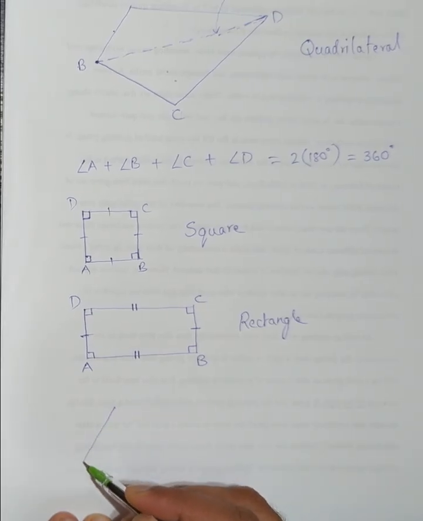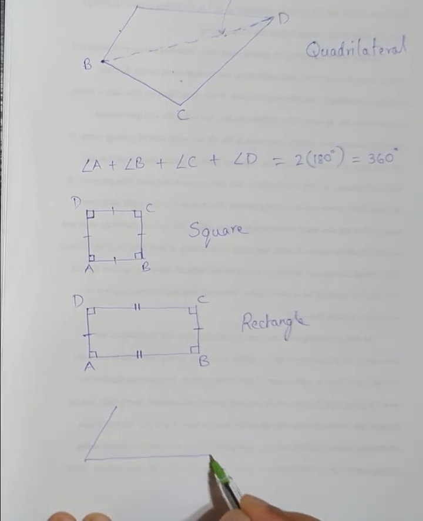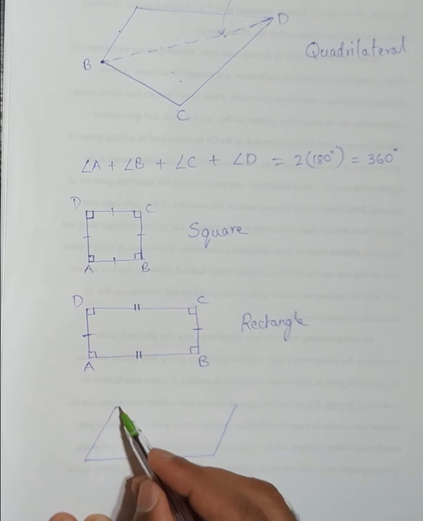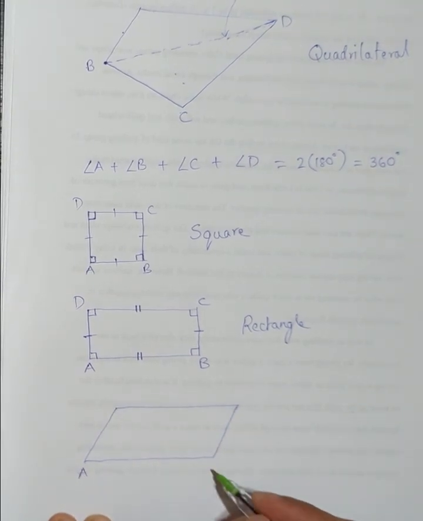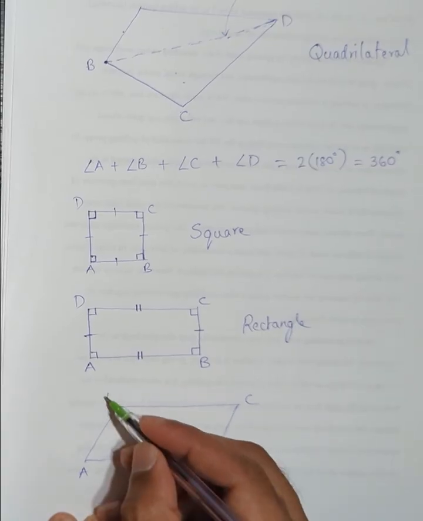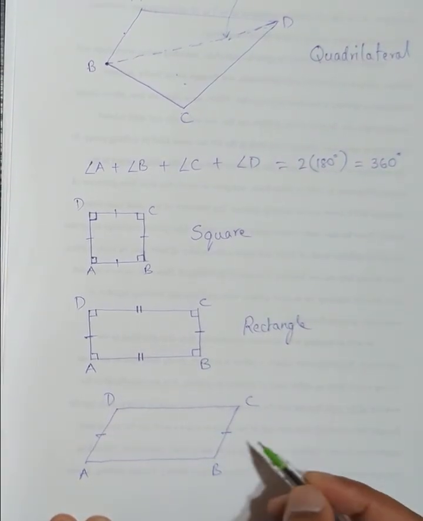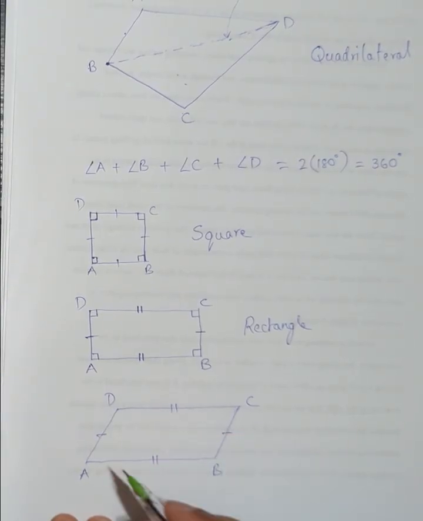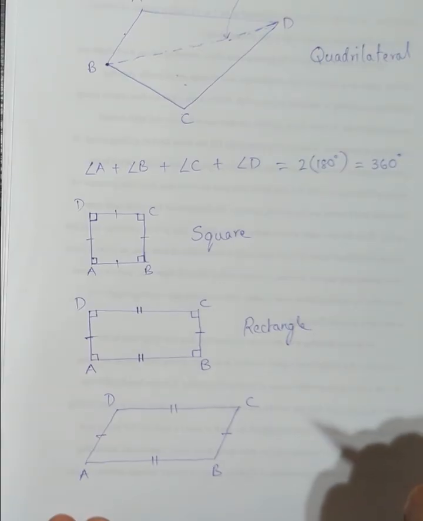So the side AD is tilted and so is BC tilted, and they are tilted by the same amount. So A, B, C, D, and still AD is equal to BC and AB is equal to DC. But notice I'm not drawing 90 degree angles here.